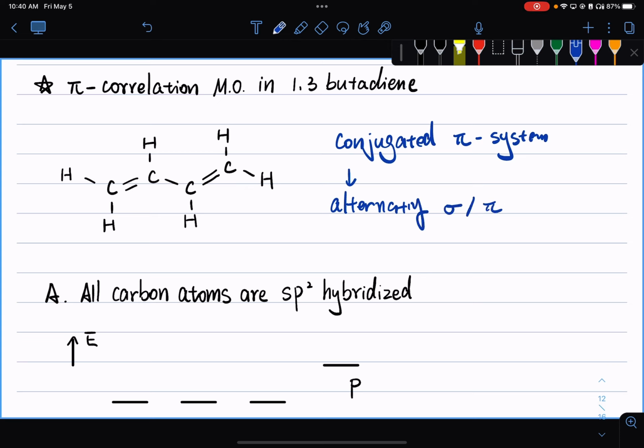And like we just said, all carbon atoms are sp2 hybridized.